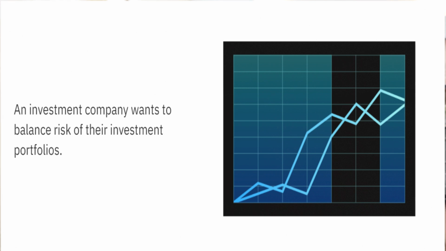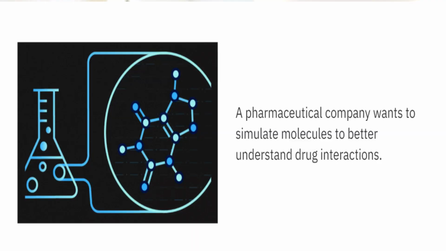Now imagine that the classical computer is taking too long, because every combination the classical computers have to analyze, and then they say, okay, this is the best combination. And now if a pharmaceutical company wants to simulate molecules to better understand drug interactions, this is a very good example of the idea of quantum mechanics.